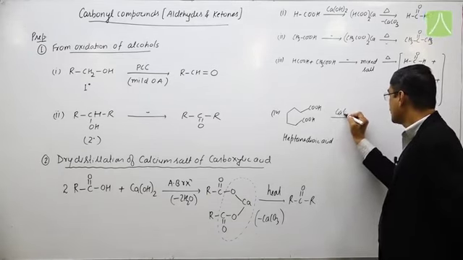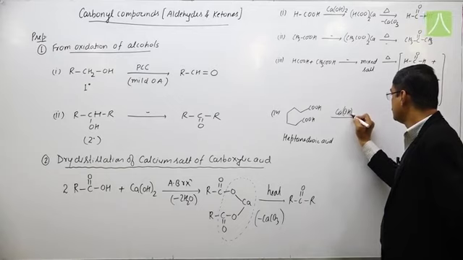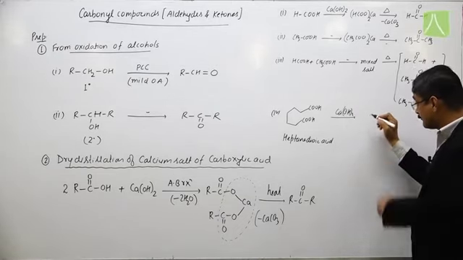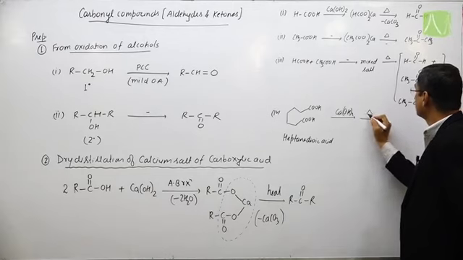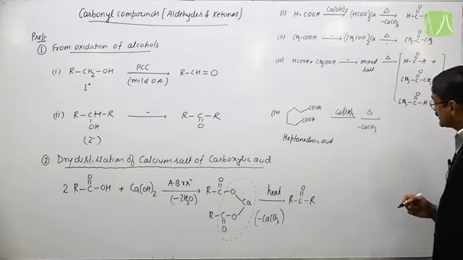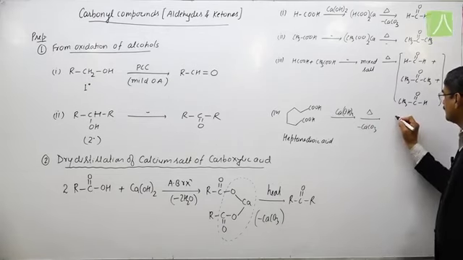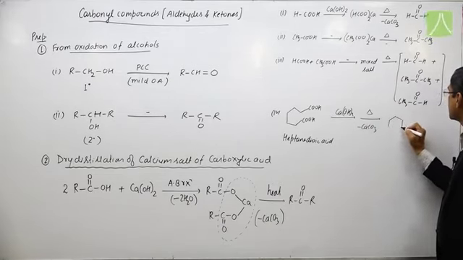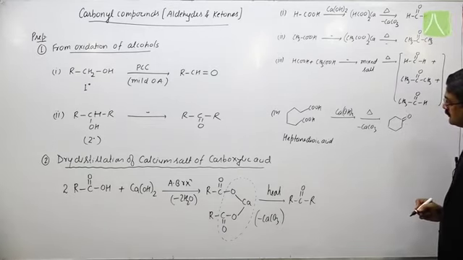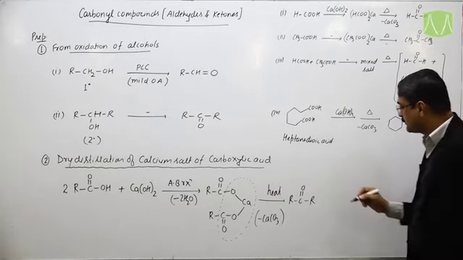On heating with calcium hydroxide, we get the salt of this acid, and on heating, calcium carbonate is removed, which means one carbon is removed in this reaction, and finally 6 atoms are present in the final product. So cyclic ketones can also be prepared by this reaction.